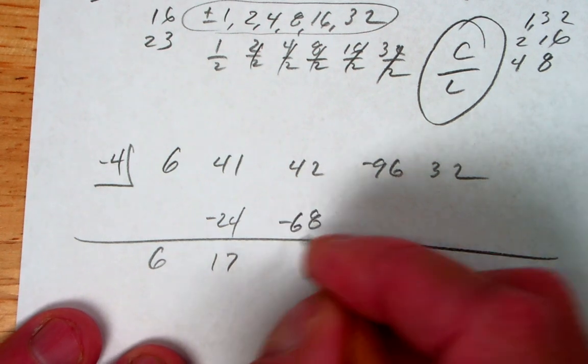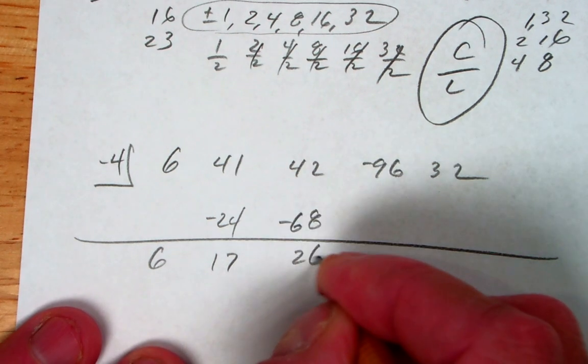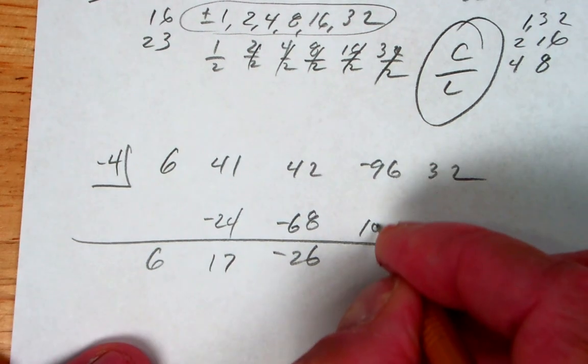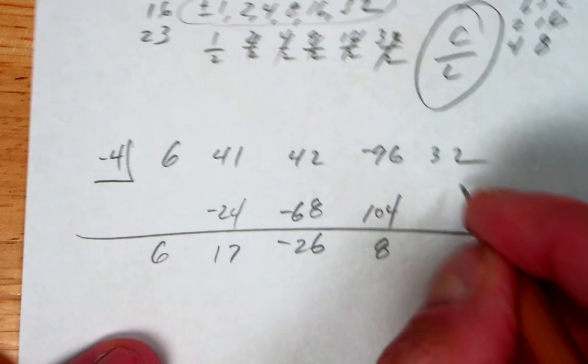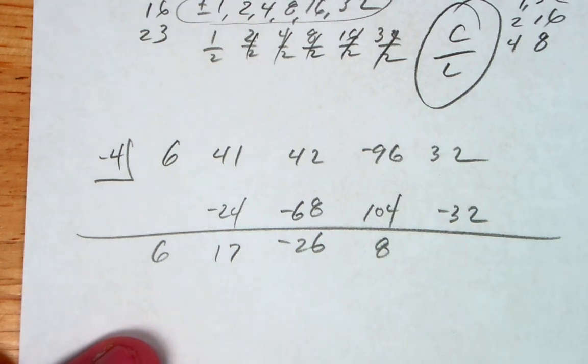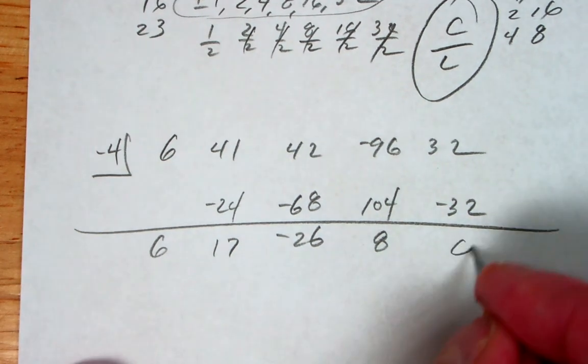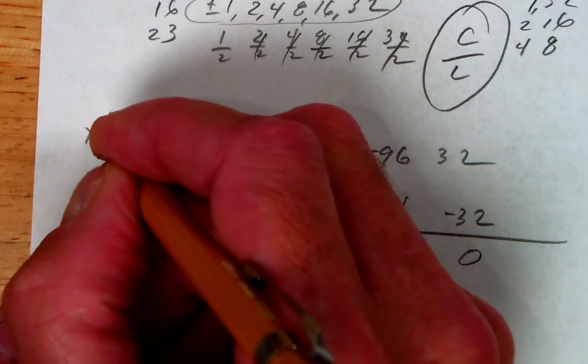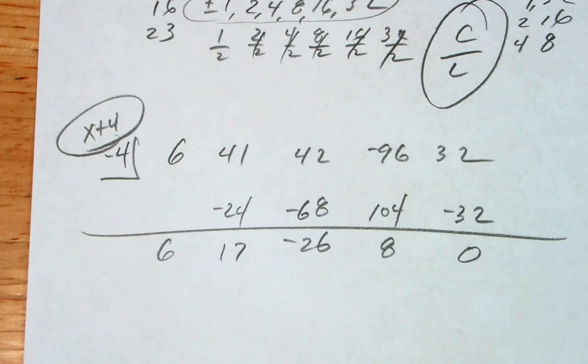Negative 68, I got 26, negative 26 times 4 gives me 104, and then I get 8, and I get negative 32. Oh, yeah. Good deal. Okay. So this one, what I've got is x plus 4 is a possibility. Or no, not as a possibility. It is an actual factor.